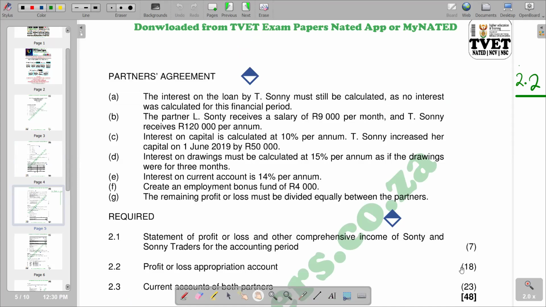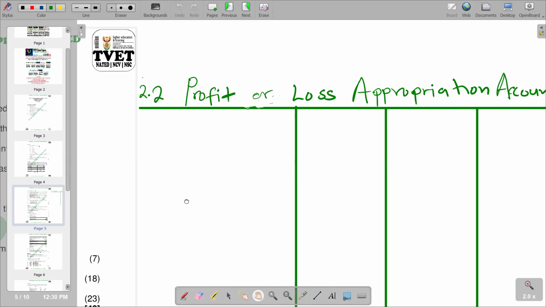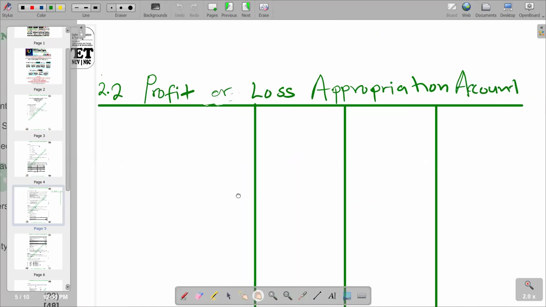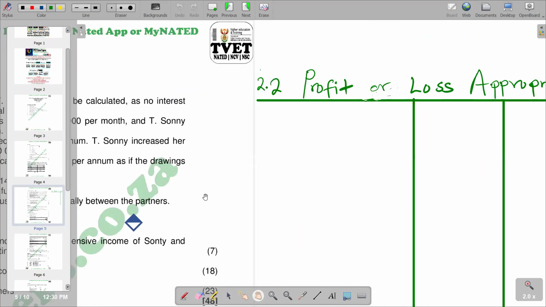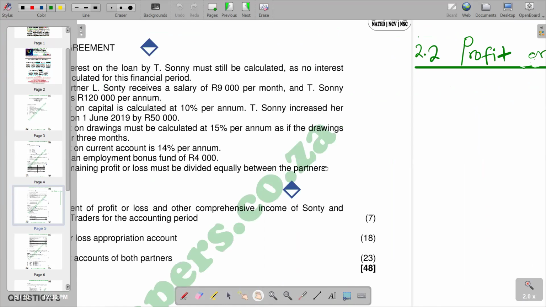So we have our profit and loss appropriation account here that we are going to prepare in the form of a T account. We are going to start with putting the profit or loss amount for the period. That is the profit or loss amount that was prepared for the previous question. Let's just refer back to the question.